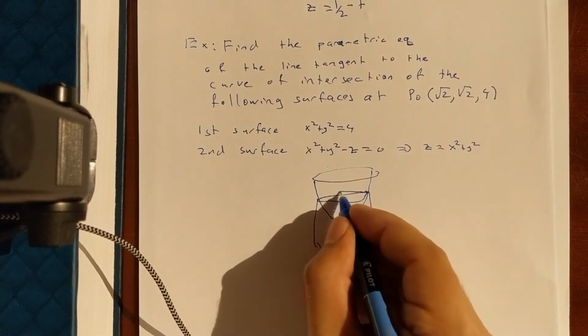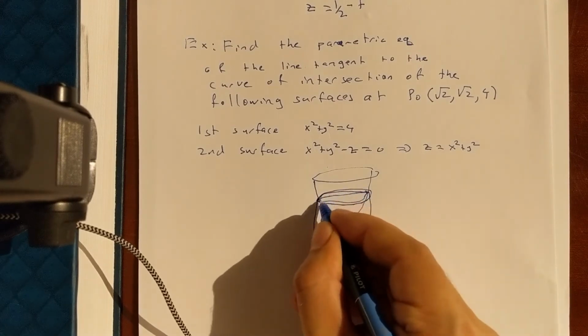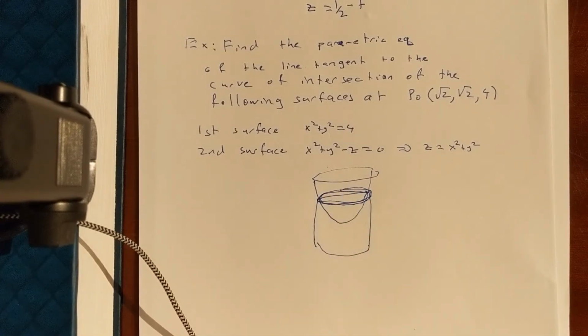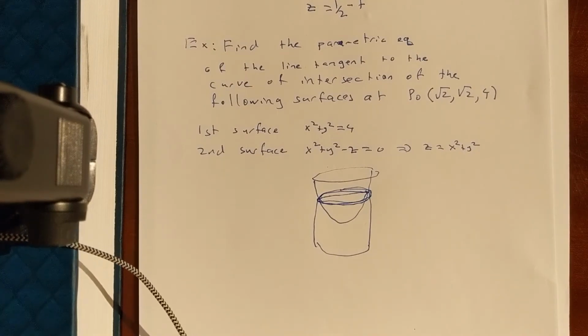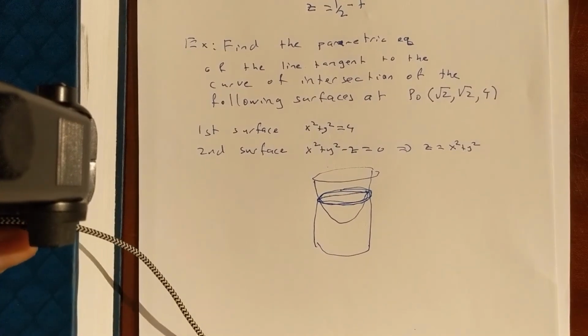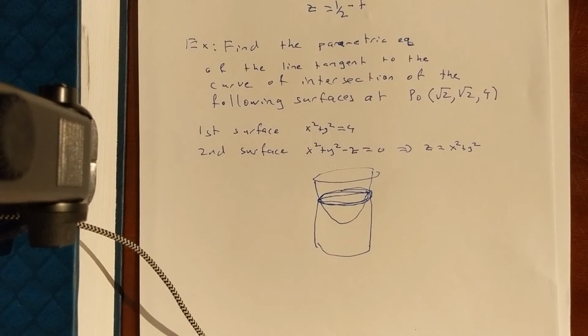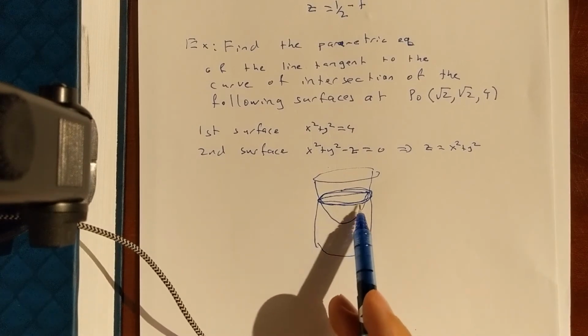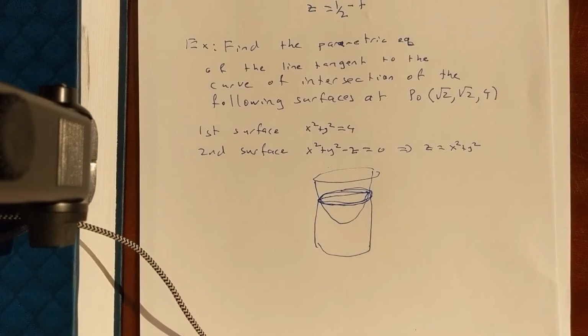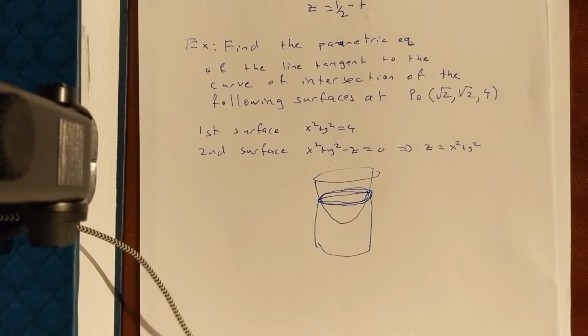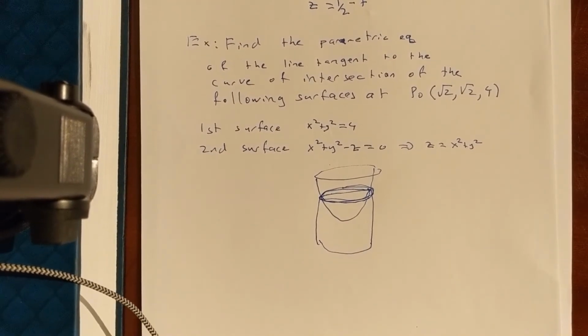So the curve of intersection is going to be this guy. Immediately we know that the curve of intersection is going to be a circle. It could have been an ellipse, but in this case it's always going to be a circle, because the level curves of the cylinder are always the same. All right, very good.